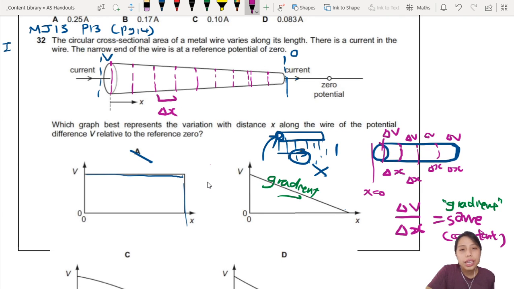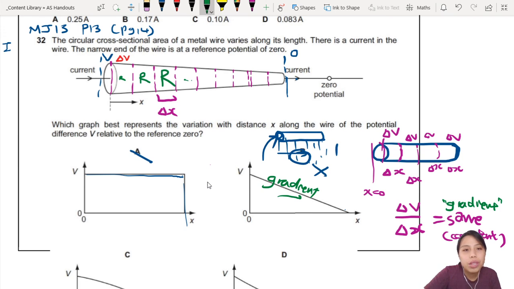Now let's look at the change in potential for each one of them. The first one, you will have some change in potential for some tiny length. But then as you go to the next one, the resistance is a bit different already. Here the resistance is pretty small because the area is pretty big. Then the area gets smaller, resistance gets bigger, and bigger and bigger.